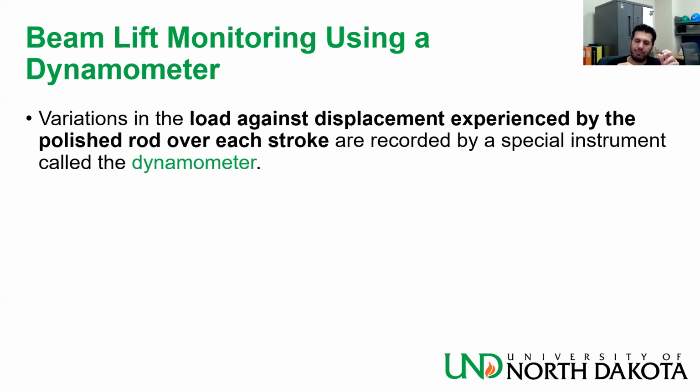So we said we have the bridle, which is always on the surface. Then we have the polished rod that moves in and out of the stuffing box. Everything below the stuffing box we don't see. Everything above the stuffing box we see. And then we have a series of sucker rods until we make it downhole to the downhole pump.